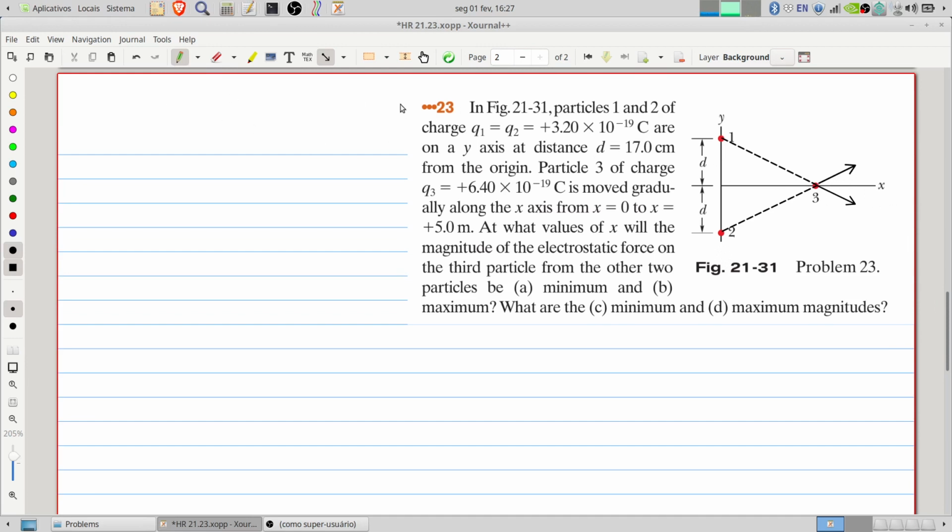So we have here F1 and F2. And the magnitude of this force will be 1 divided by 4 pi epsilon 0, the product of the charges, divided by the distance squared.